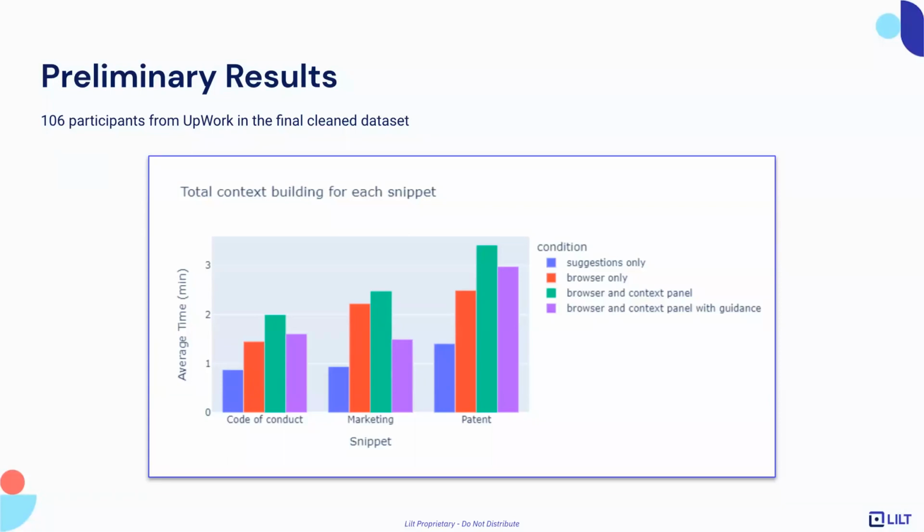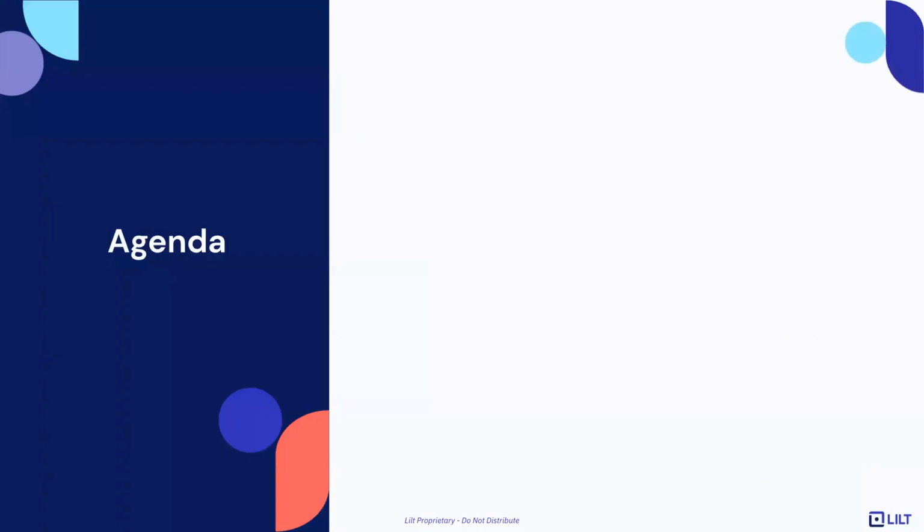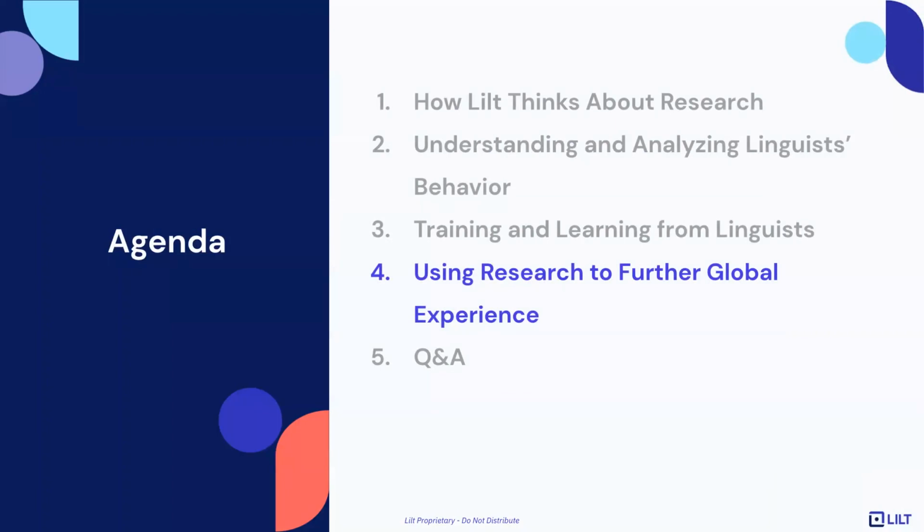What I find really fascinating about all of this is that it's making linguists' lives easier, but it's not just about making it so that they can do their jobs and be happy, which is a huge portion of this. I think this actually leads into our next section, but this is all impacting our end customers, our end users.